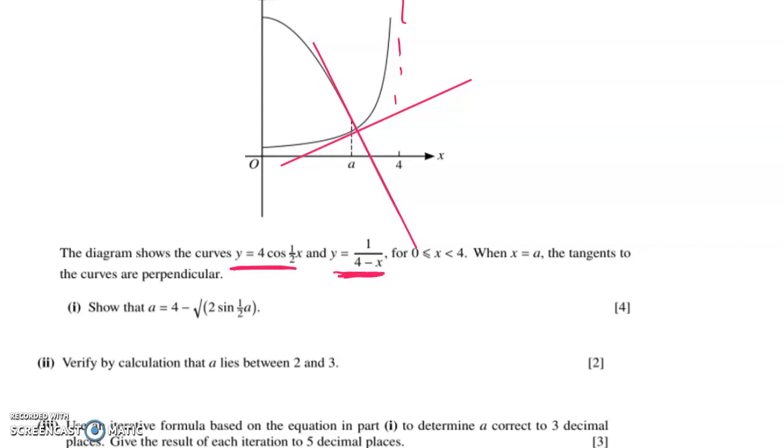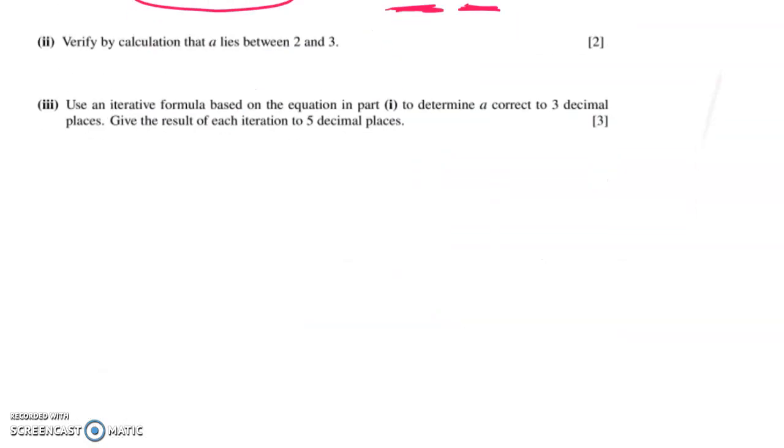But what do we know if two gradients are perpendicular? We know that perpendicular gradients multiply to give us -1. So we'll find the two gradients and then multiply them together to get -1, and hopefully that's going to lead us to this condition.